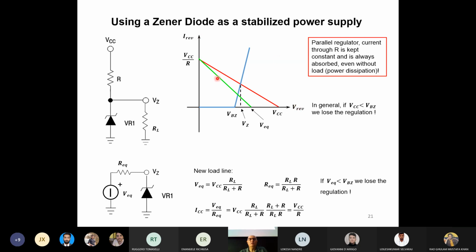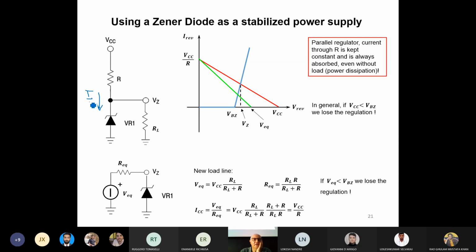So now in the first quadrant, we have I reverse and V reverse. This is exactly the same plot that we saw before, but it has been rotated. And instead of having minus V, minus I, I put I reverse as the opposite direction than the direct current. So for me, I reverse is the current flowing in this direction now. Okay? I reverse.